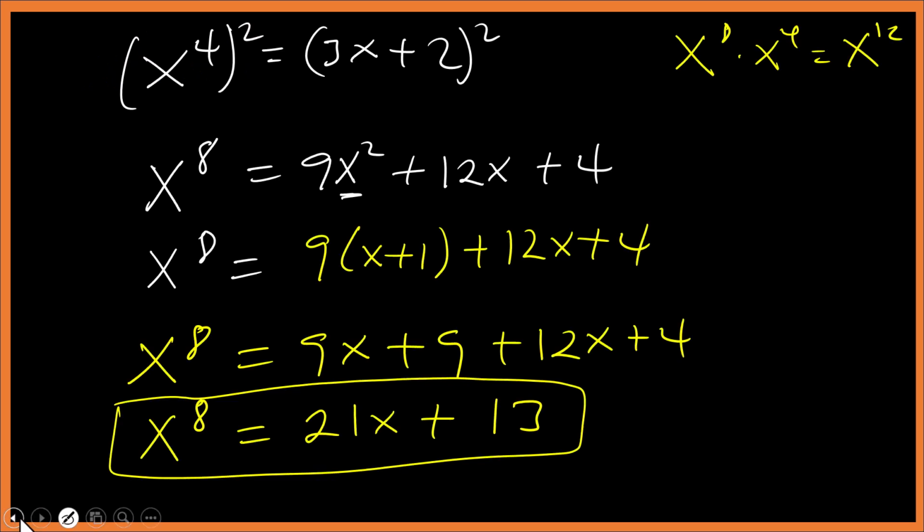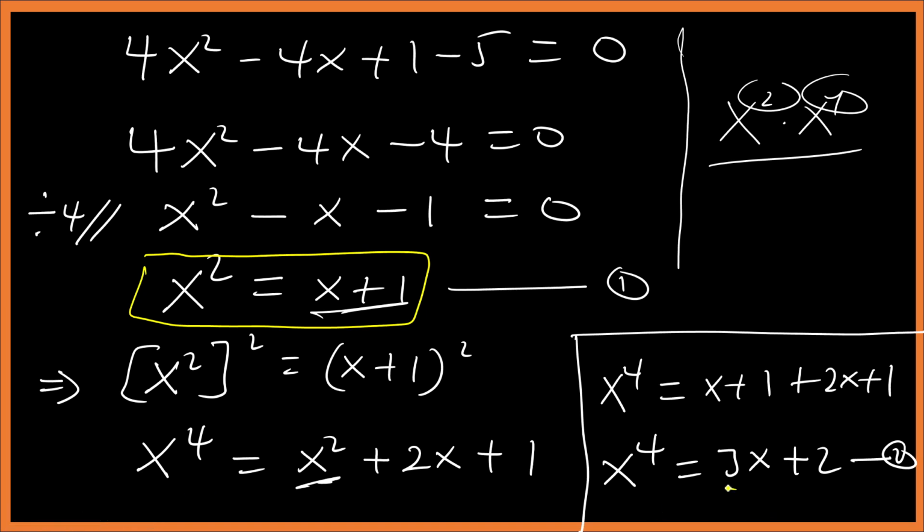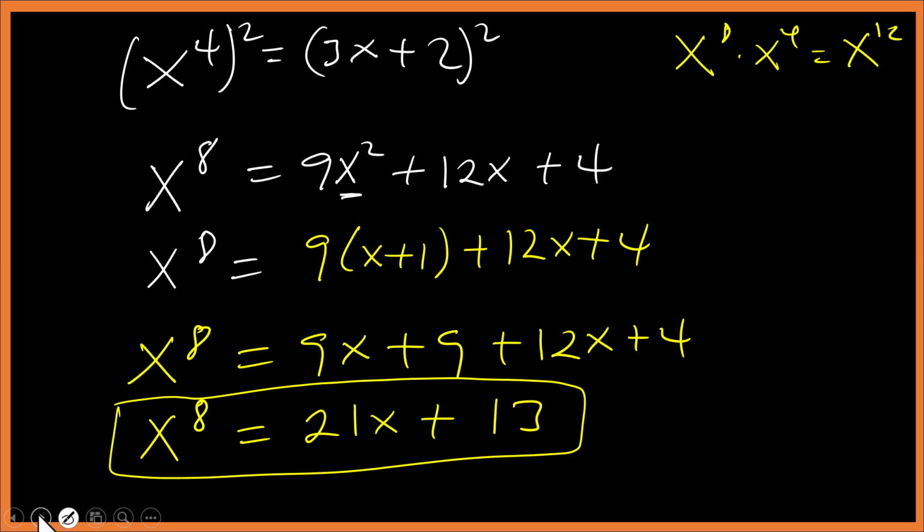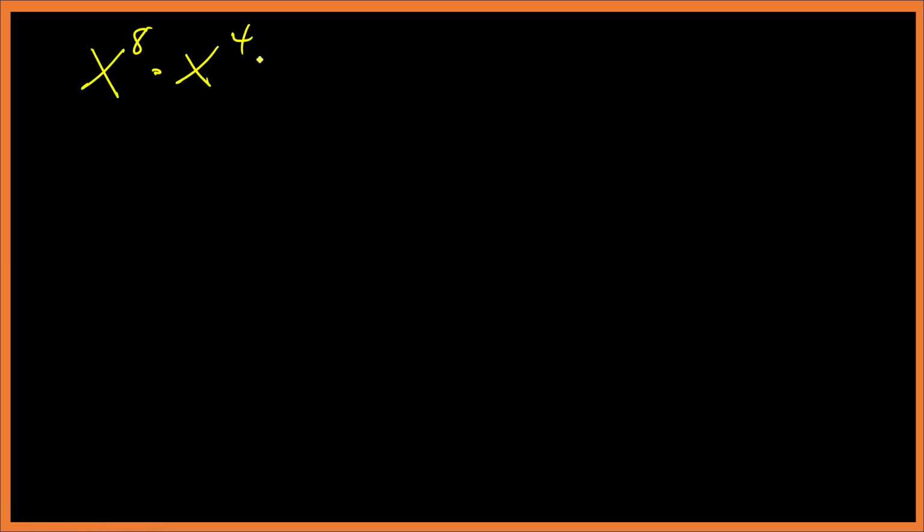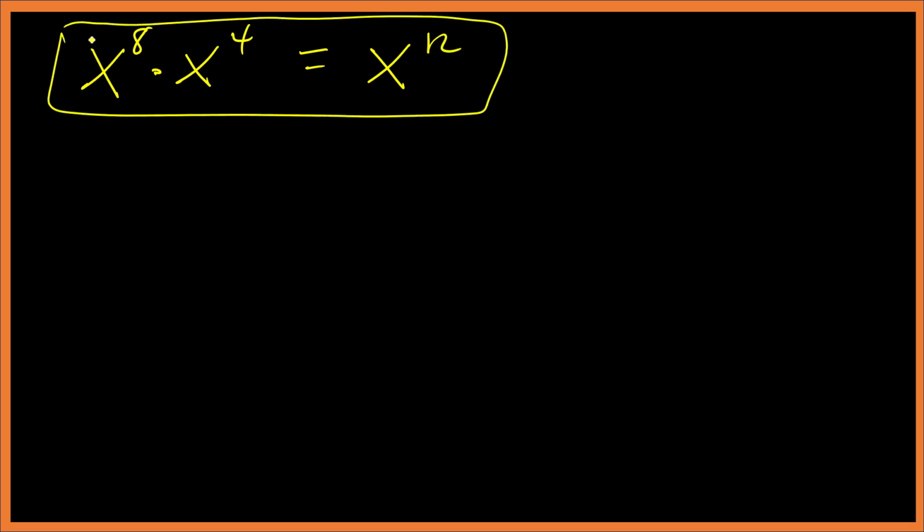Now that we have x to the power 8 times x to the power 4, x to the power 4 is here, and x to the power 8, so this side will be x to the power 12. So I'm going to combine the two, x to the power 8 times x to the power 4.